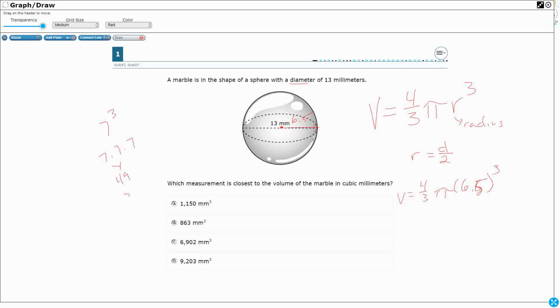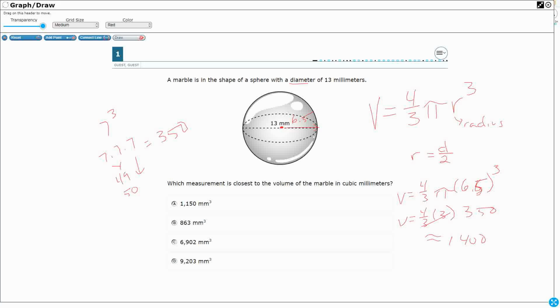So let's make that 50 because that's a little bit easier. 7 times 50 is going to be 350. Right? So V equals 4/3 times pi is about 3, which means I'm going to cancel those two out. And about 350. So really it's 350 times 4. So that's going to be about 1,400.